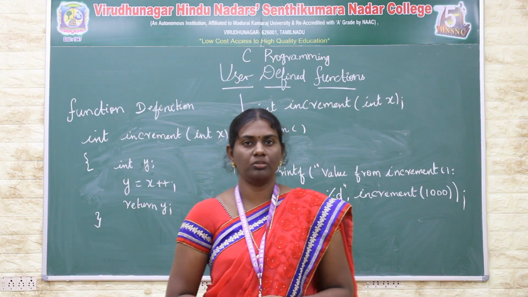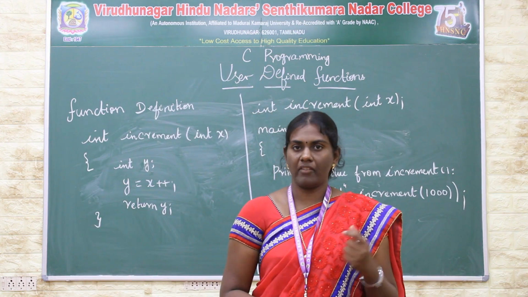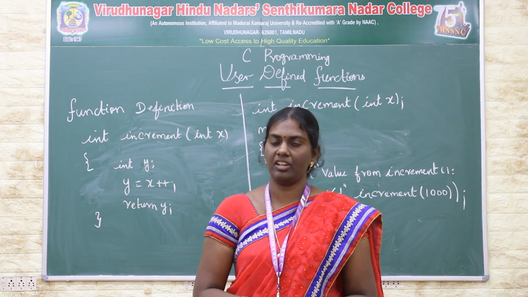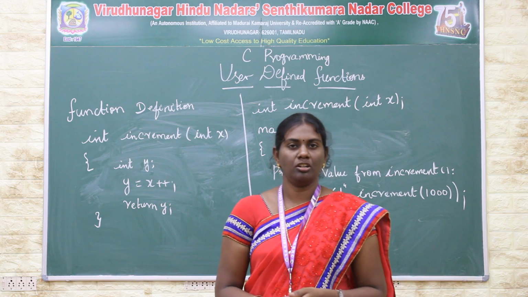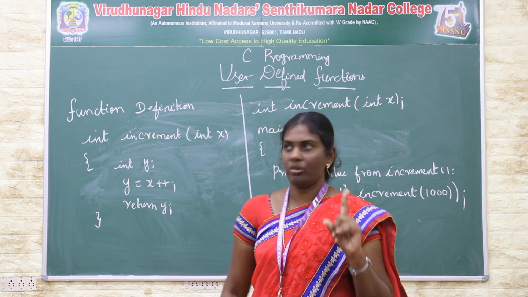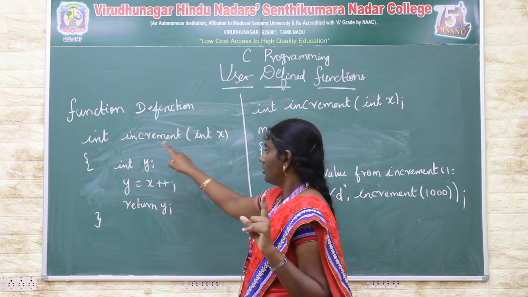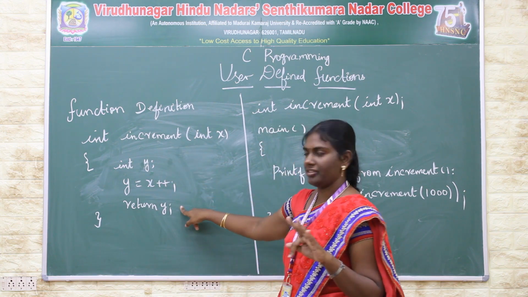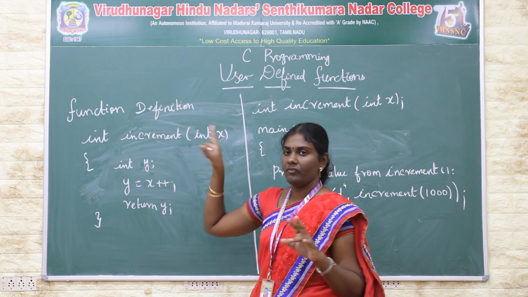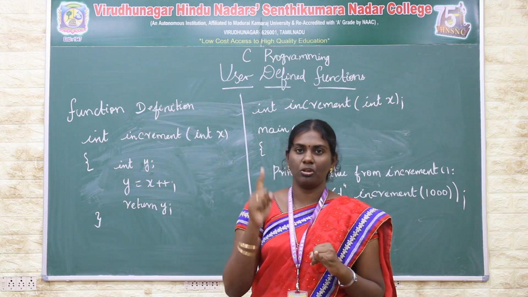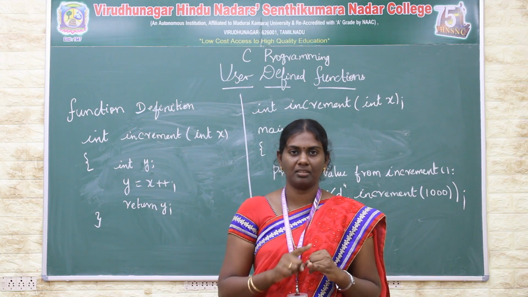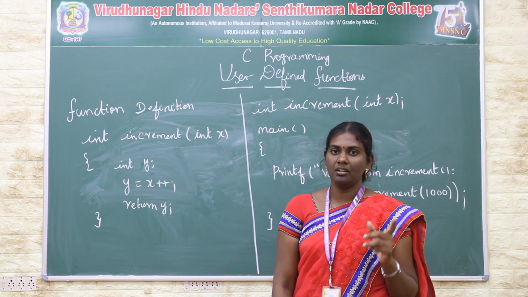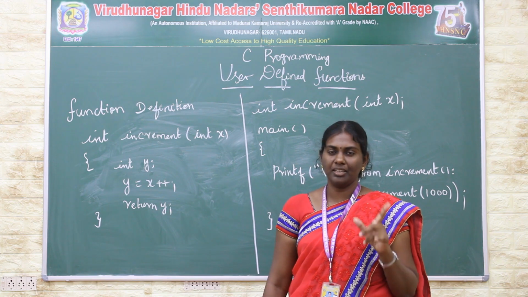Okay, now let's see about the function definition. As we have already seen the function declaration, the next step is the function definition. In a function definition, we have three parts: one is the header, next is the variable declaration statement, and then the statements. The header is the same one we used previously to declare the function, that is, int increment.